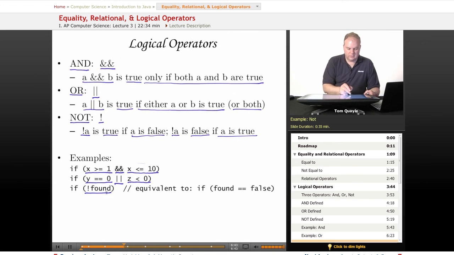If not found, and this is equivalent to if found is equal to false. This is something that we might use as a loop test to determine if we want to continue running the loop or not. If we have not found what we're looking for, we continue the loop. Once we have found it and found is true, then we would exit the loop.